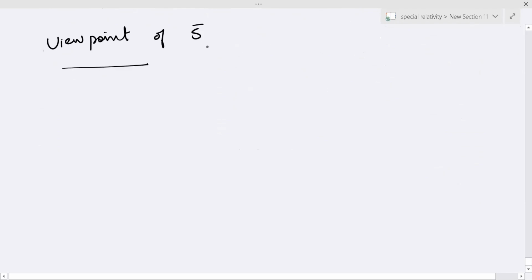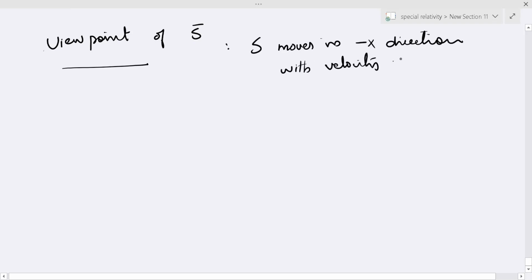When you look from the frame of S bar, you will see that the frame S moves in the minus X direction with velocity V. We said that S bar moves in the positive X direction with velocity V with respect to S. But if you look from the frame S bar, you'll see that S is moving in the minus X direction with velocity V. Yes? All right.